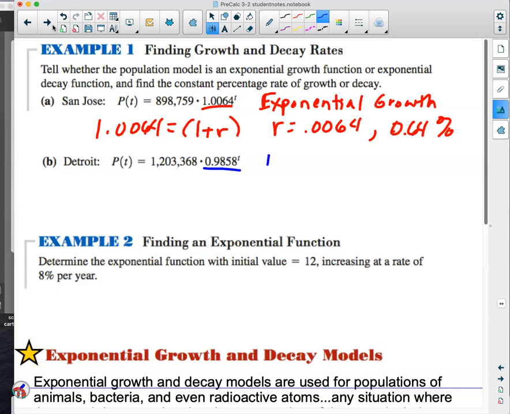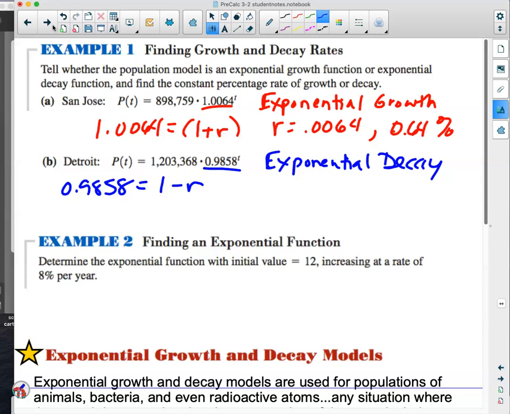So this is exponential decay. And then we have to figure out how much. So remember that this base came from, with our new model, it would have been 1 plus a negative r. But in this case, we could just say that's 1 minus r because that's decay.